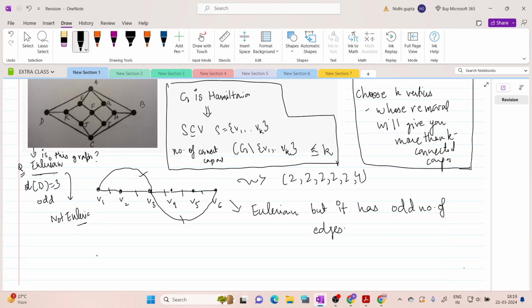Okay, so first tell me, if I remove A, F and C, how many connected components are we getting?